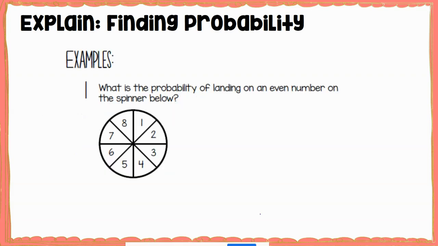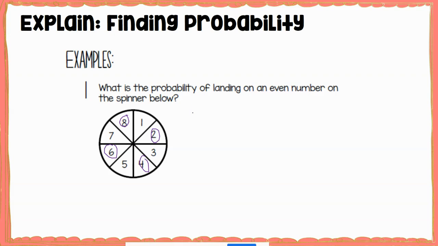Now let's look at some examples. Example 1 says, what is the probability of landing on an even number on the spinner below? Well, when I see this spinner, I see that it has 8 sections, and I notice that there are 1, 2, 3, 4 sections that are even.